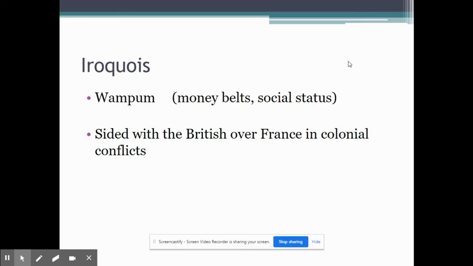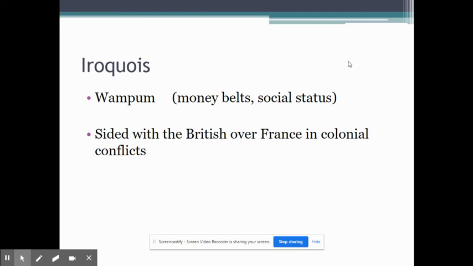Pay attention to the Iroquois as we continue to study American history. They will pop up in our lessons from time to time. Living in New York, they are going to come into conflict when the European colonists begin to arrive, and they're kind of getting pushed on both sides by the British and the French.